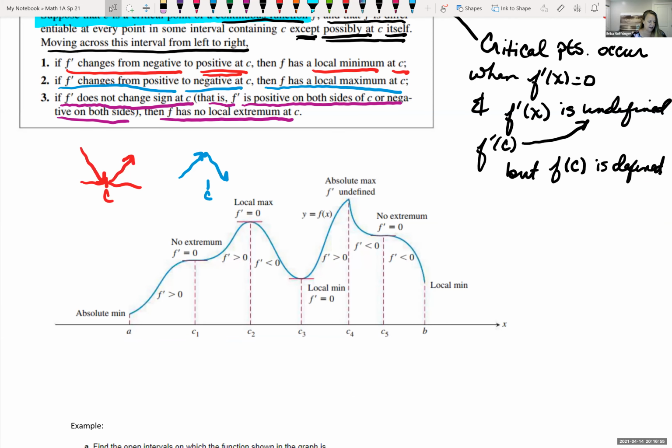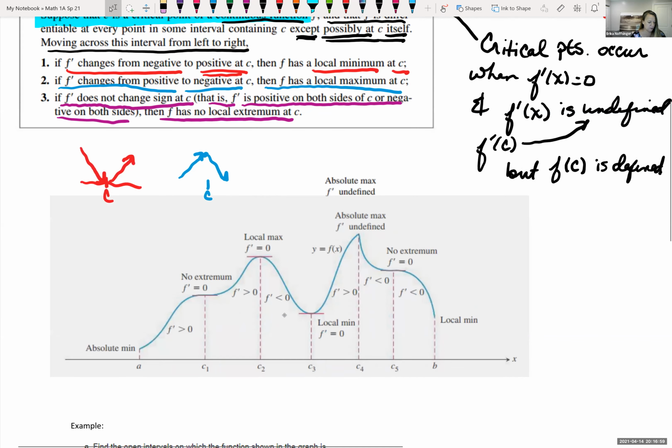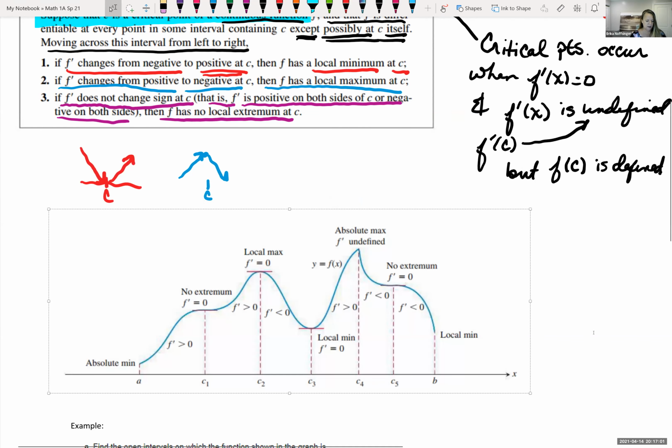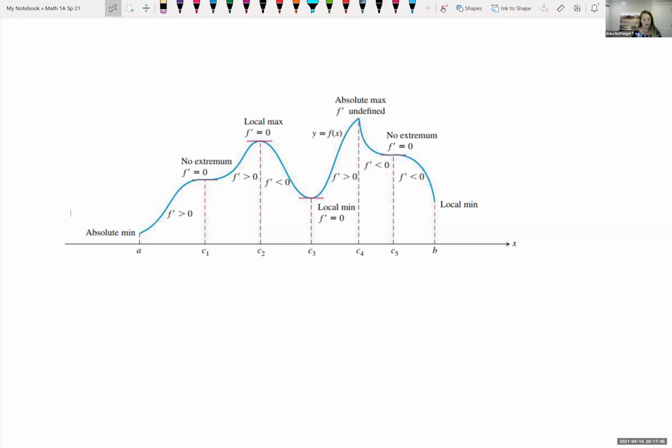Okay, so here's a couple of different situations of what could be happening on a graph, and if we wanted to find where we had extrema, local max, local min points. So recall, if we're on a closed interval, an absolute max or an absolute min or a local max or a local min can occur.